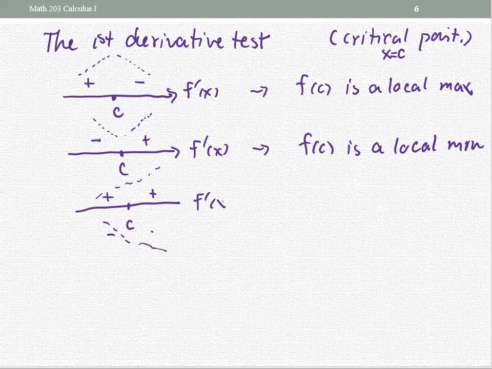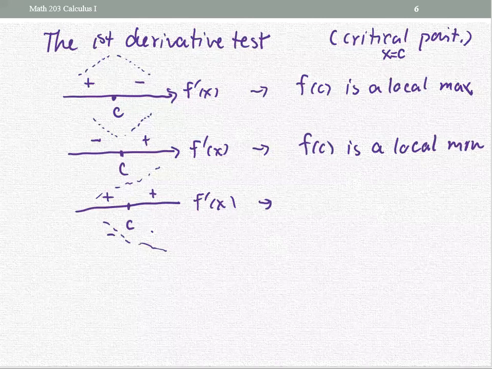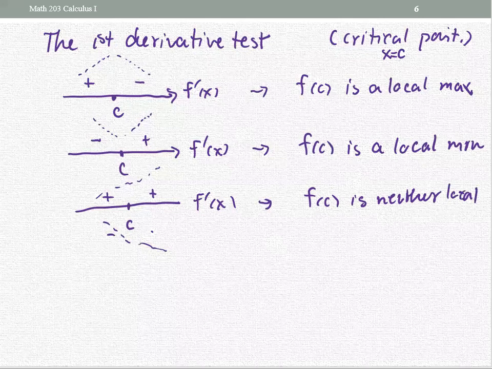For this case, we can say f of c is neither a local max nor a local min, because c is just a resting point while increasing and then continuing to increase, or decreasing, stopping, and decreasing again. So this is the first derivative test.